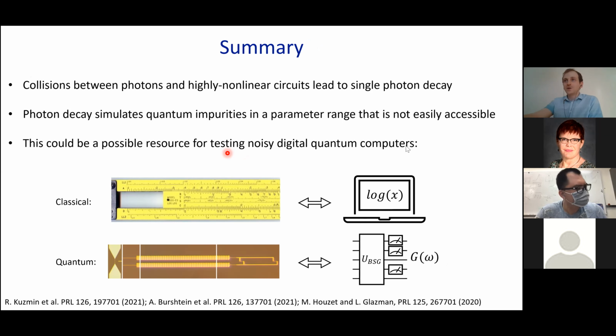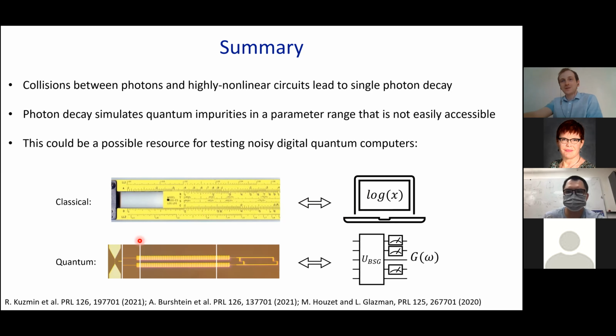And finally, an idea or a proposal where it can also be useful: it can be a resource for testing digital quantum computers. So with this device I showed you at the beginning, it's a slide rule. It's a mechanical device which is used to do non-trivial calculations like logarithms and square roots, and in the last century we could use this to verify outputs of a digital, electronic computer.